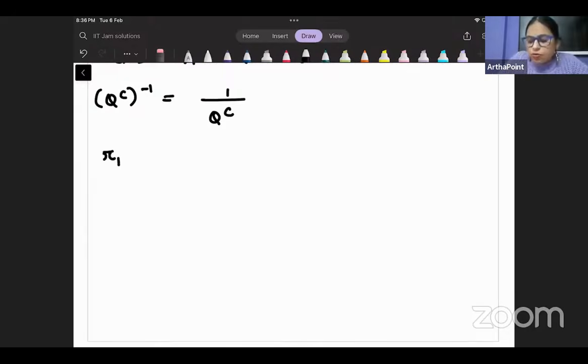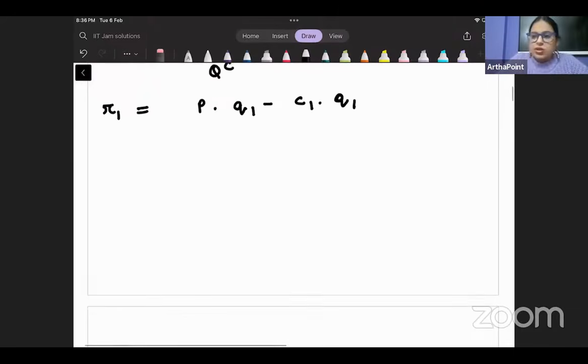Beta, what will be the profit function of the first company? It is going to be price into quantity of the first company minus marginal cost of the first company into the quantity of the first company. I am not putting any values right now.